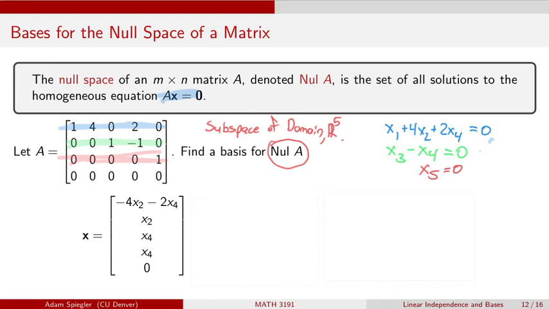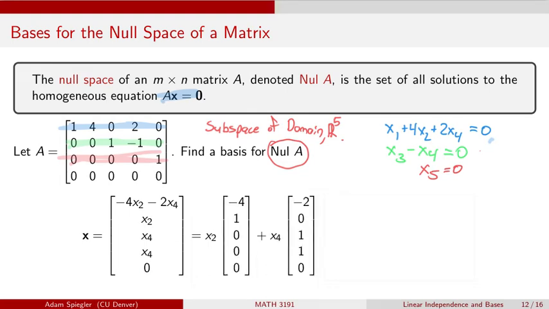This means we can write this solution set as a linear combination: x2 times the vector minus 4, 1, 0, 0, 0, plus the scalar x4 times the column vector minus 2, 0, 1, 1, 0. So any x in our domain of R5 which looks like some scalar x2 times this first column vector plus some scalar x4 times this second column vector is going to map to the 0 vector.